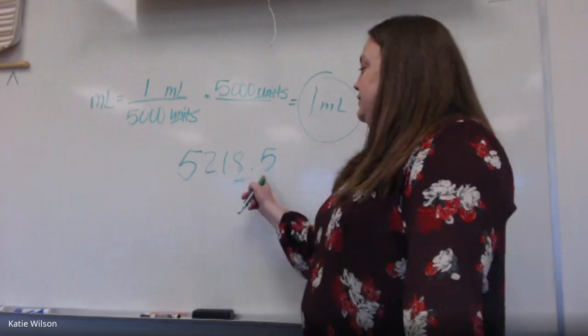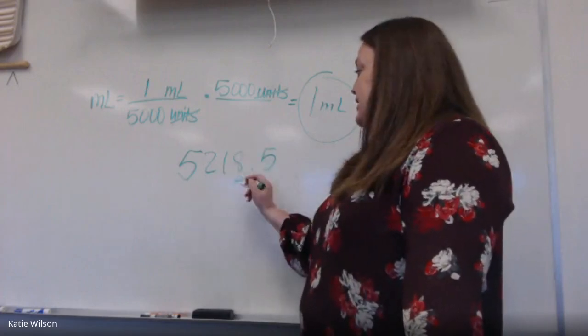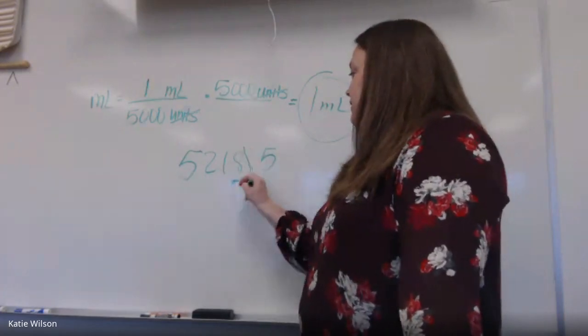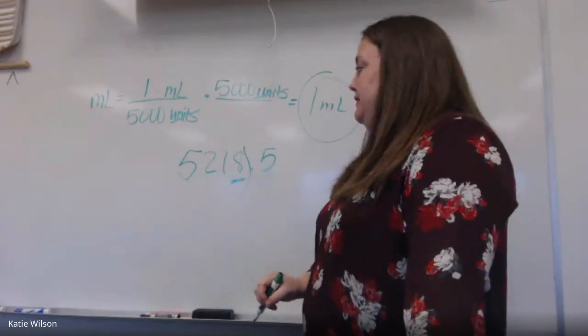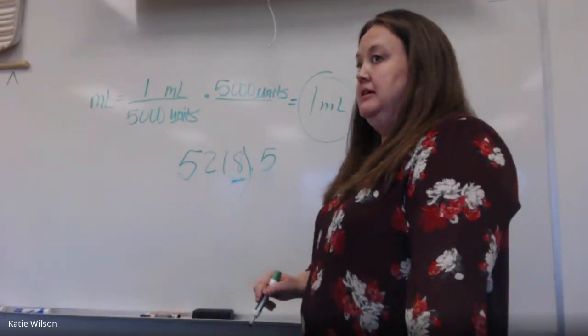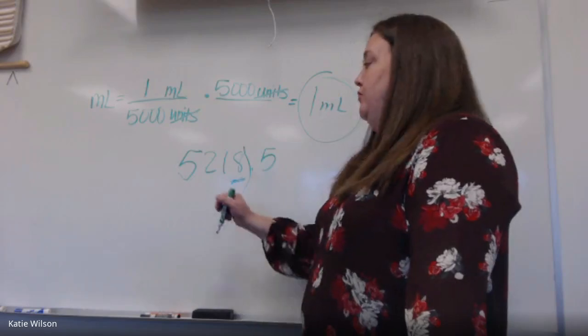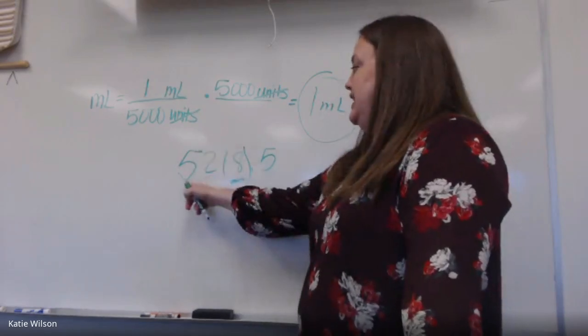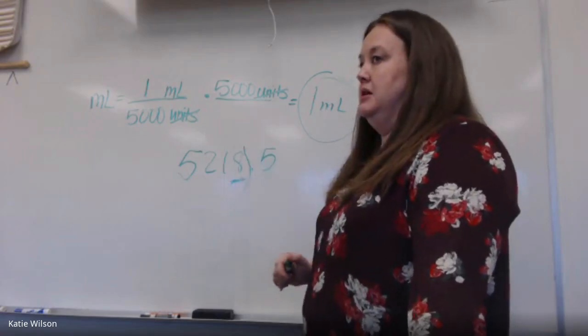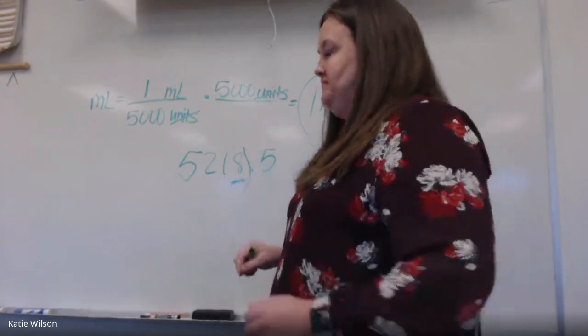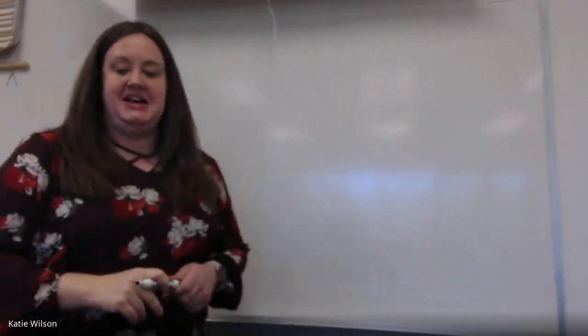So you're rounding to the whole number right here. It would be 5,219. Some of you, for whatever reason, want to round and say 5,220. They want that to be a 0 on the end for some reason. I don't know why, but make it whole. I understand stress and anxiety.